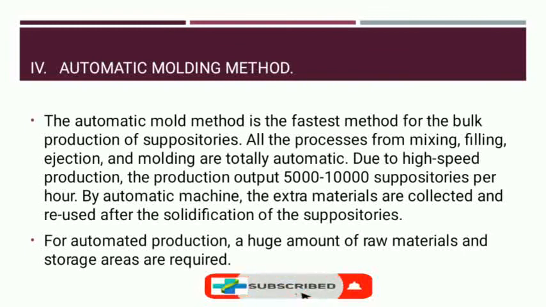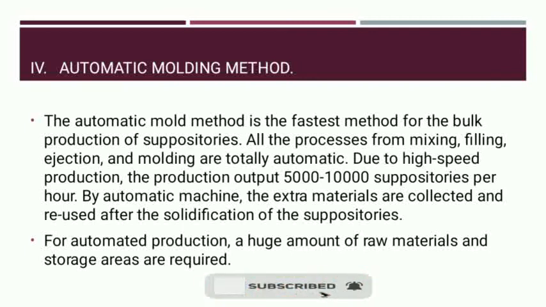Now moving to the last one, that is the automatic molding method. Students, the automatic molding method is the fastest method for the bulk production of suppositories. All the processes from mixing, filling, ejection and molding are totally automatic. Due to high speed production, the output is 5,000 to 10,000 suppositories per hour.